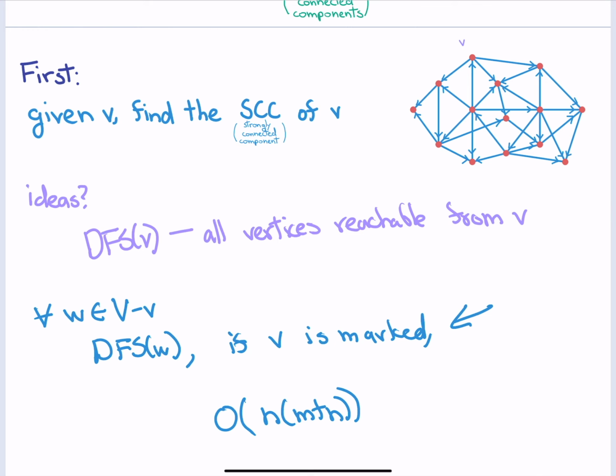Oh, okay. So it is true that, maybe I'm doing depth first search starting at V and I visit some vertex W. And if I find some back edge back to V, then yes, W can, I know I can go there and back.